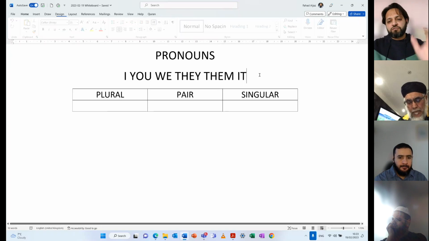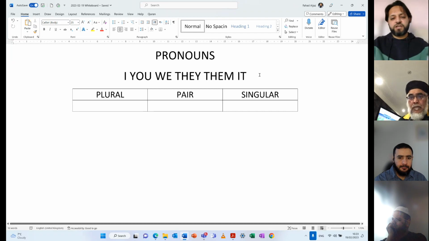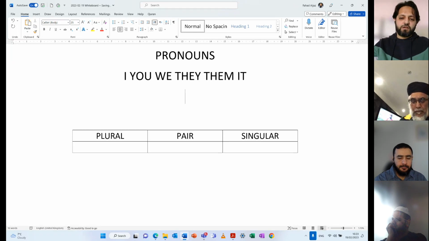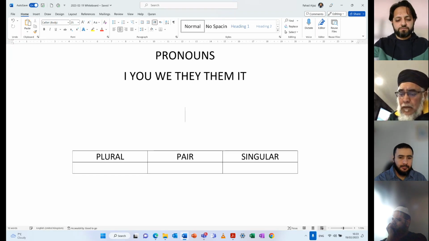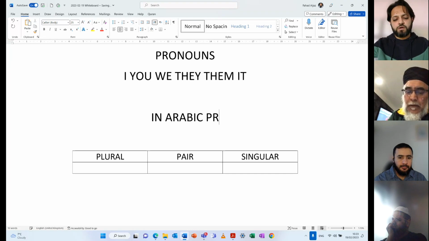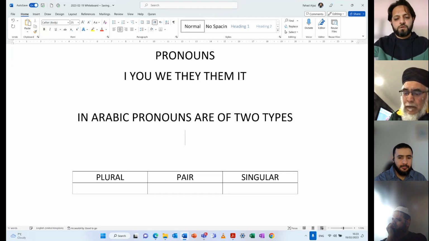Now, before I start to fill up this table with the pronouns and tell you what they are, I need to tell you there are a few characteristics of the pronouns. Okay, so pronouns in Arabic are of two types. The first type is attached pronouns.